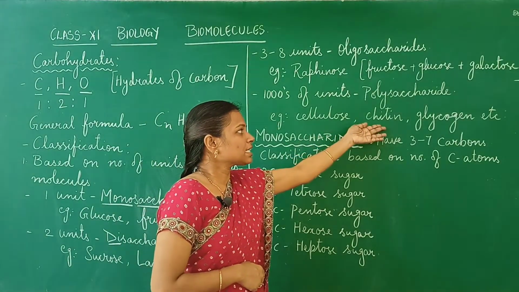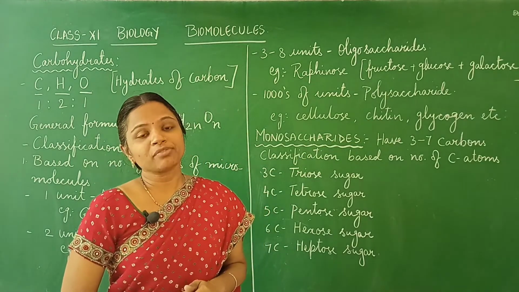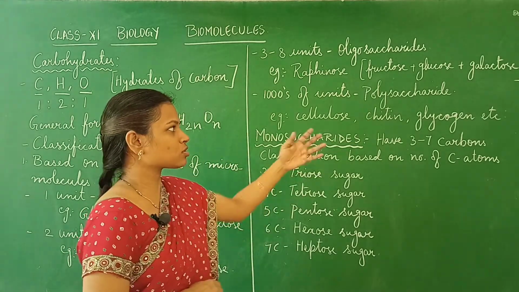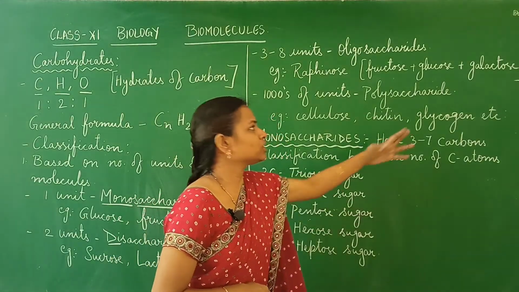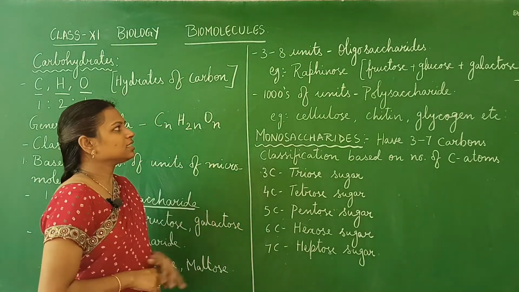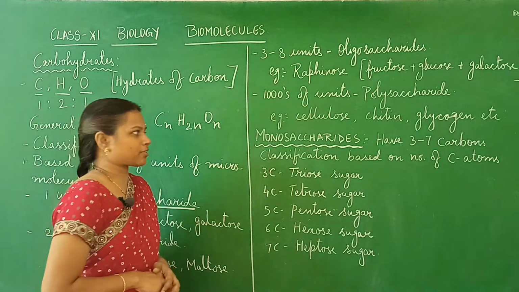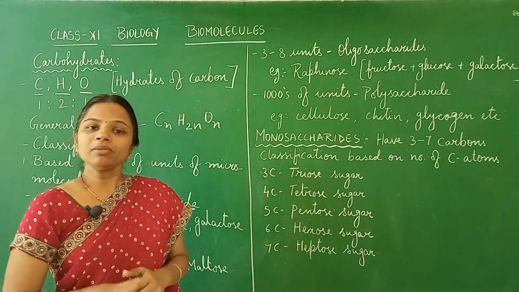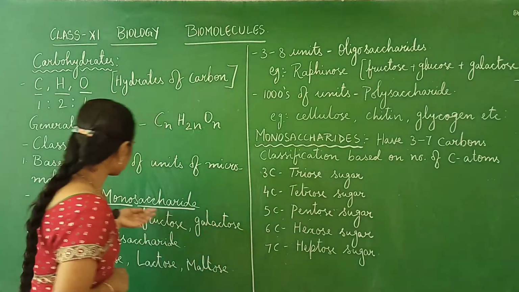Now, chitin is a component which is seen in fungi, that is also a polysaccharide. We also have glycogen as a polysaccharide. These are the examples of polysaccharides.